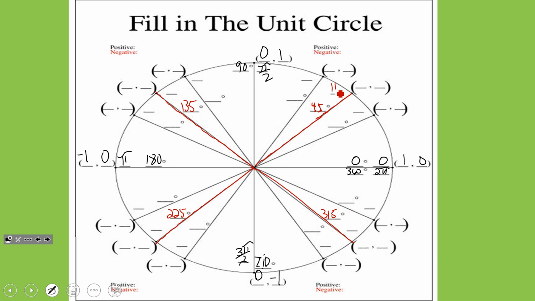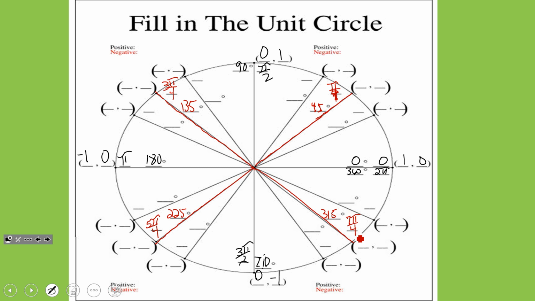This is going to be 1 pi over 4, not 2. Then 2 pi over 4, 3 pi over 4, 4 pi over 4, 5 pi over 4, 6 pi over 4, 7 pi over 4, and then 8 pi over 4. I highly recommend that's how you count it around. That's going to help you fill it in.